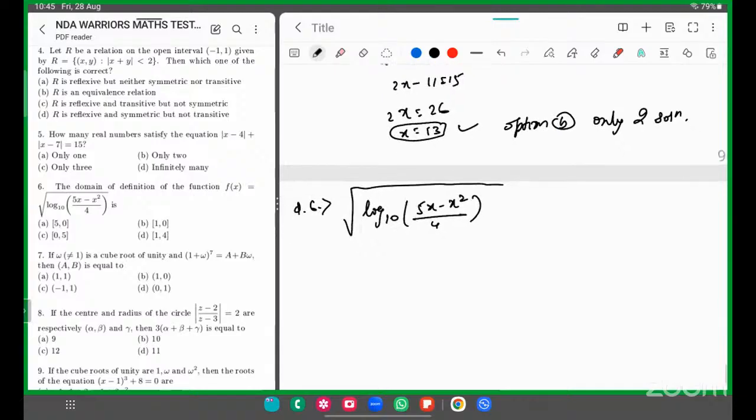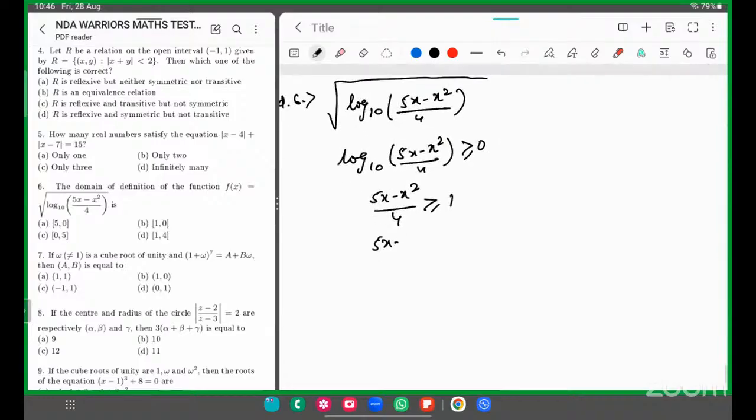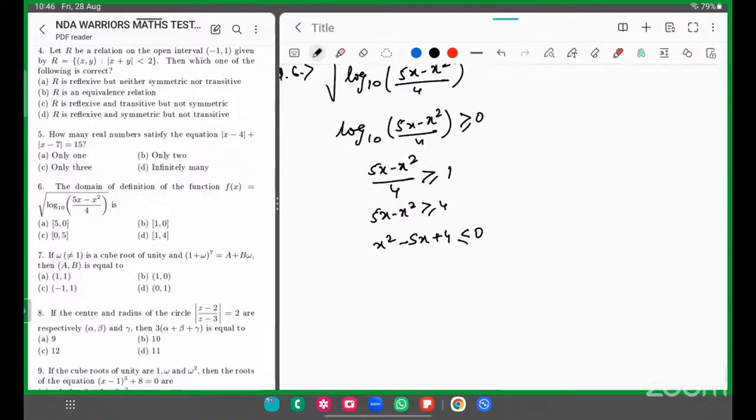First, we will go for root. So root value always gives us a non-negative output. 5x minus x square by 4 greater than or equal to 0, I can write. After solving it, it will become 5x minus x square greater than or equal to 4. x square minus 5x plus 4 less than or equal to 0.